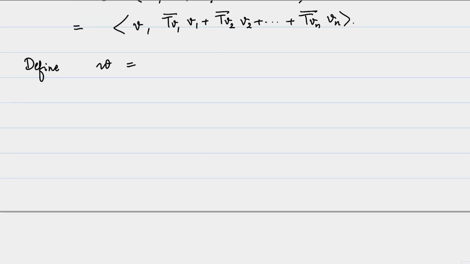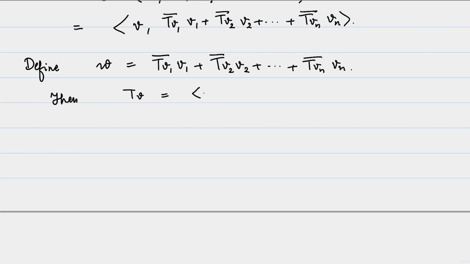What is W? W is TV1 bar times V1 plus TV2 bar times V2 plus up to TVn bar times Vn. And we can notice that then TV is the inner product of V and W, and that's precisely what we had set out to prove.